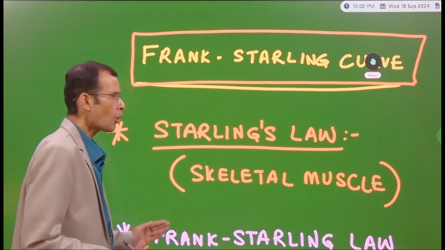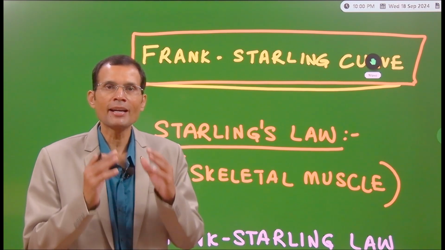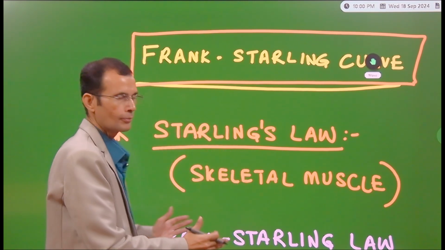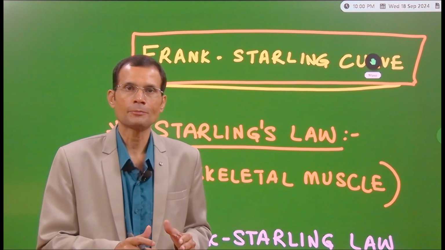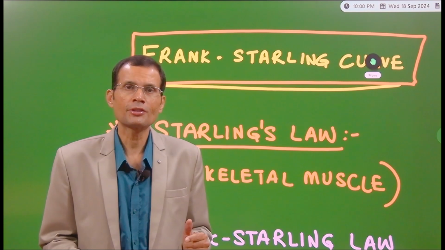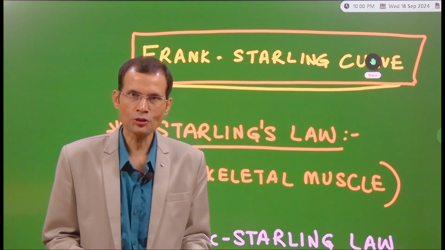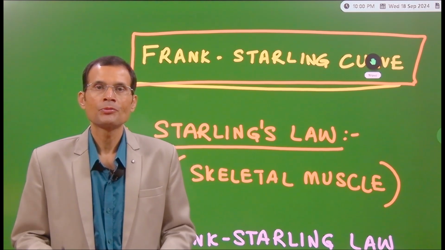So Starling's law for the skeletal muscle talks about the strength of contraction of the muscle. The whole discussion will revolve around the strength of contraction of the muscle. Now, Starling's law states that strength of contraction of a muscle is proportional to the initial length of the muscle fiber.